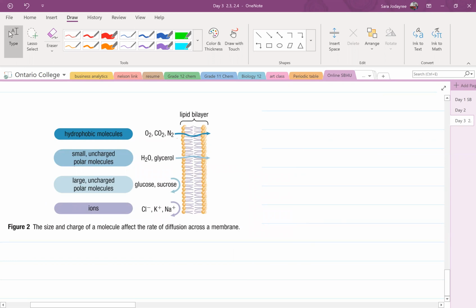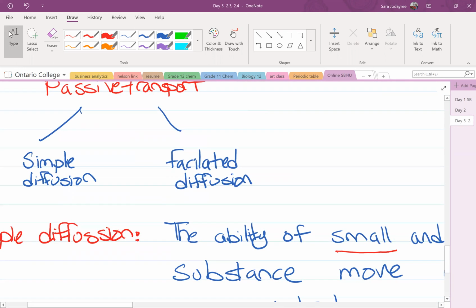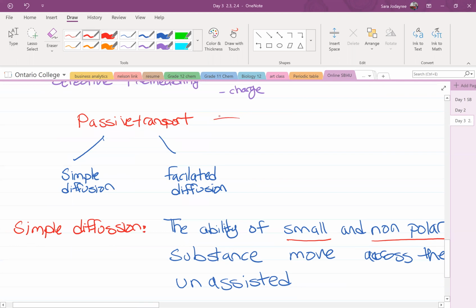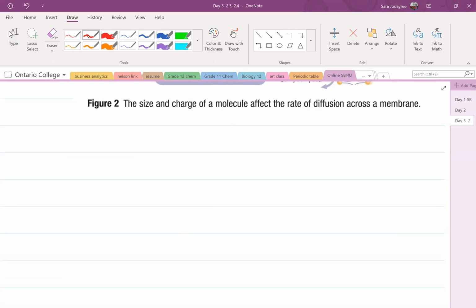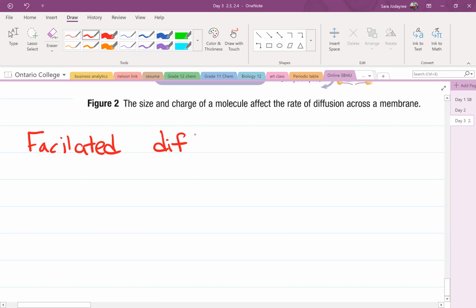Then next, we had a definition. Again, we had here passive transport. We talked about simple diffusion. And next, we are going to talk about facilitated diffusion. So let's look into what is facilitated diffusion.